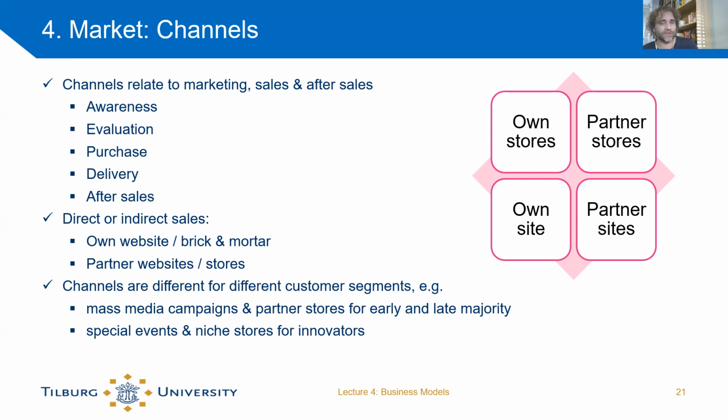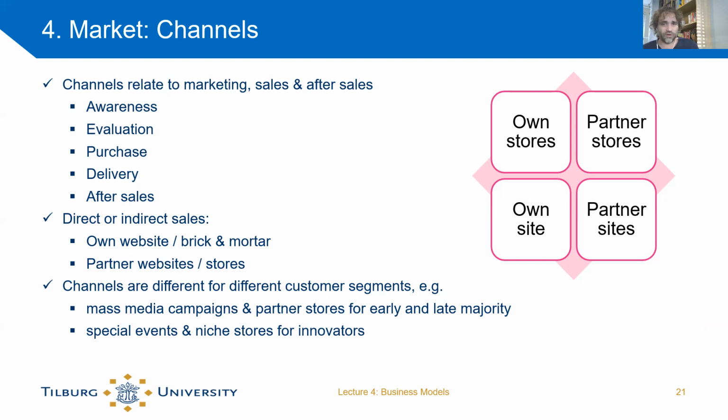So simply the basic market model from awareness until after sales determines the basic channels that you use. What kind of advertising or marketing strategy do you have to raise awareness of your innovation, and to teach people what the innovation does, so that people can evaluate the innovation?